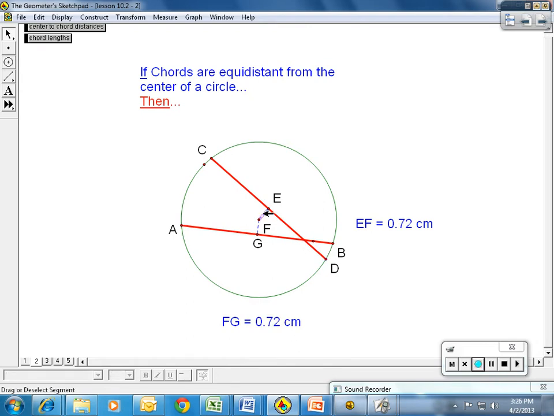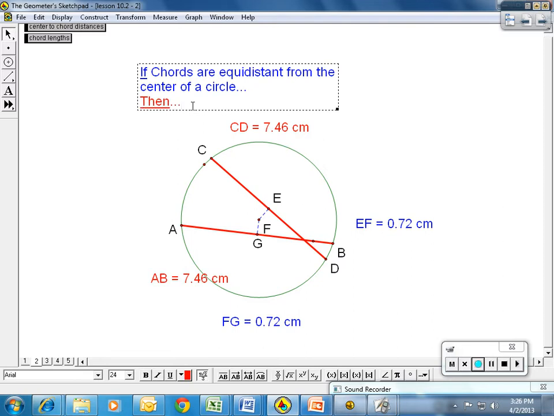Those are equidistant. These distances are the same. They're perpendicular distances to their respective chord. And what do we notice about their chord lengths? Their chord lengths, 7.46. Indeed, the chords are congruent. I'm feeling pretty good then about giving our conclusion: chords are congruent.